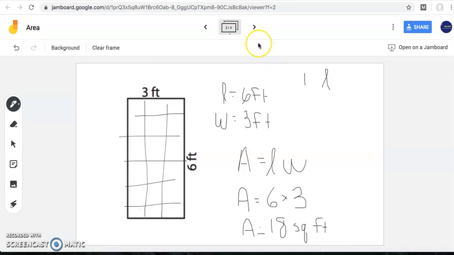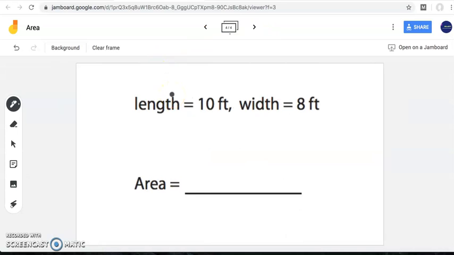Now today you're going to see some problems where you're given a rectangle and the numbers are really large. So you're going to need to rewrite on the side and make sure you're doing your multiplication. Here we have a length of 10 and a width of 8. Now, just like the previous problems, when we're finding the area, we have our length times our width. What's great here is they already identified exactly what the length is and exactly what the width is.